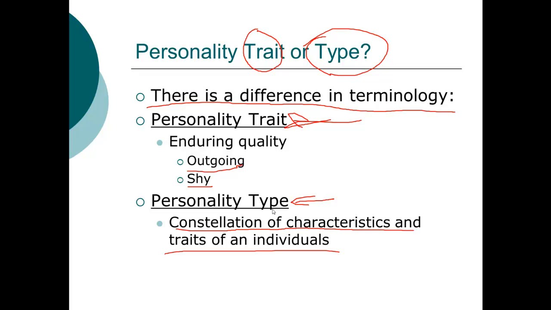Whenever you talk about a constellation, you're talking about a number of stars that form a constellation up in the sky. Well, we're talking about a number of characteristics and traits that we can identify that a lot of individuals share. That's the difference between a trait and a type, personality type. We need to remember that as we go through this chapter.